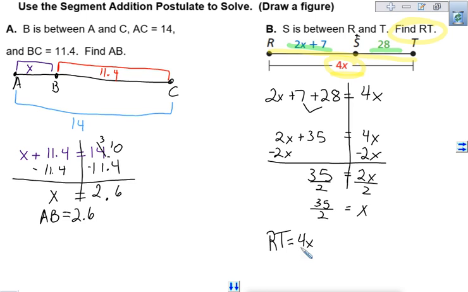You have to substitute that 35 halves in 4x. So we have 4 times 35 over 2. And that equals 70. And that is our answer for this problem.